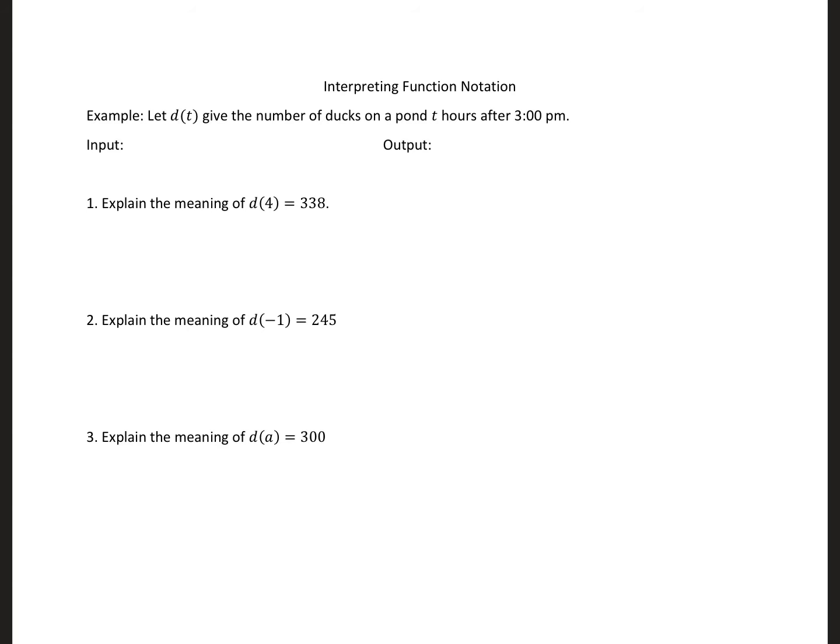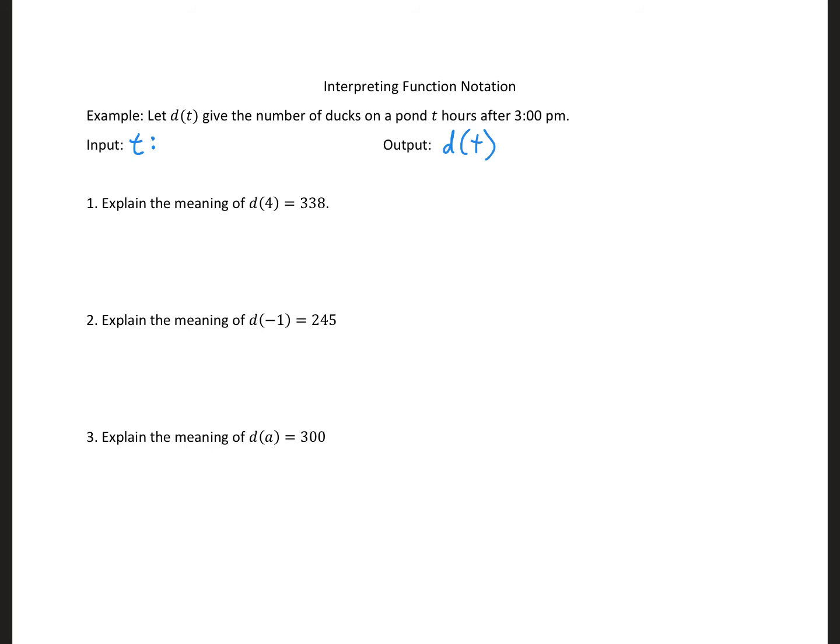We're going to let the function d of t give the number of ducks on a pond t hours after 3 p.m. So in this case, we're inputting t and we're outputting d of t.